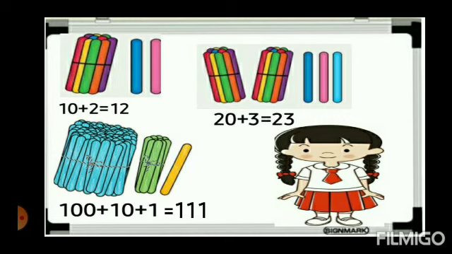Here we can see 111 can be written as 100 because 1 is in the hundreds place, 10 as it is in the tens place, and 1 as it is in the ones place. So the notation of writing the place values of the given digits is called the expanded form.